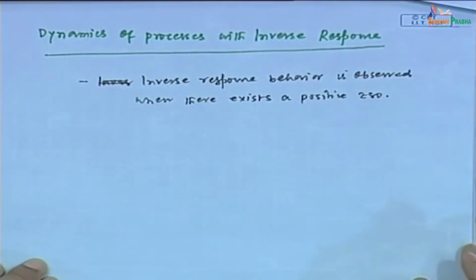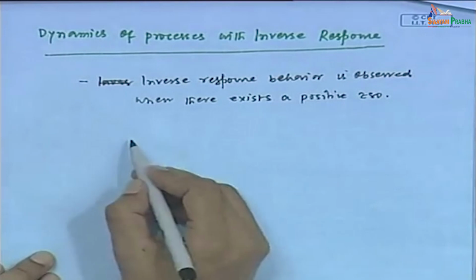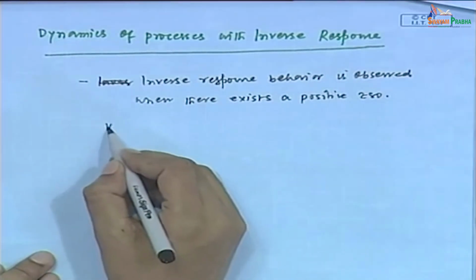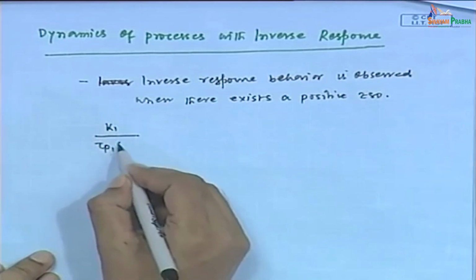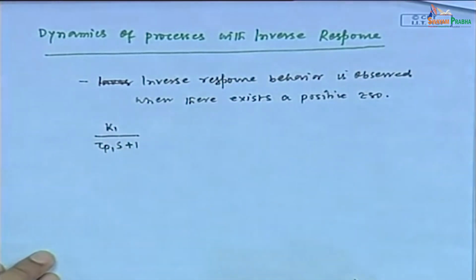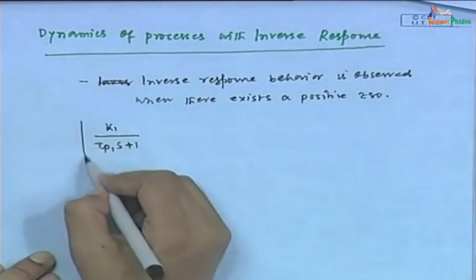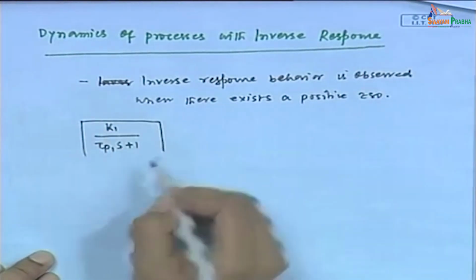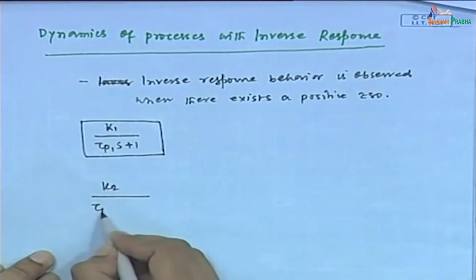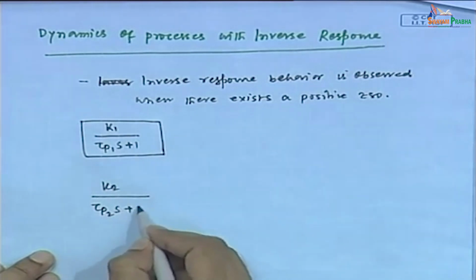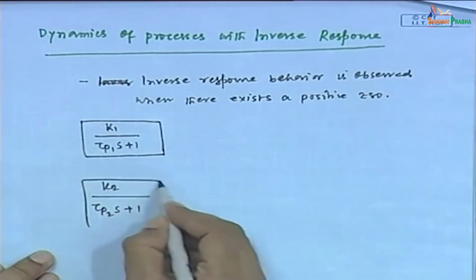So, we will consider two processes acting in parallel. One has the transfer function of k1 divided by tau p1s plus 1. Another one has the transfer function of k2 divided by tau p2s plus 1.